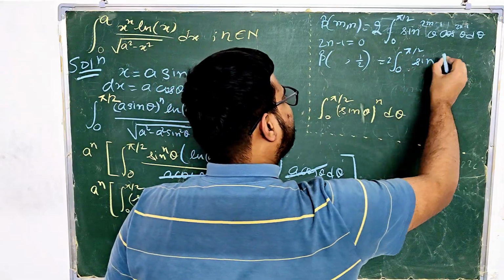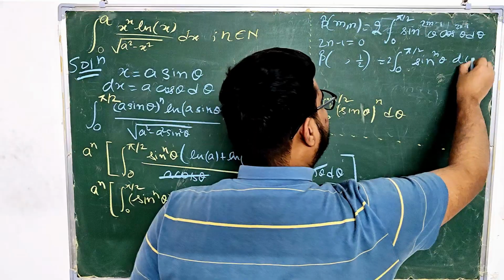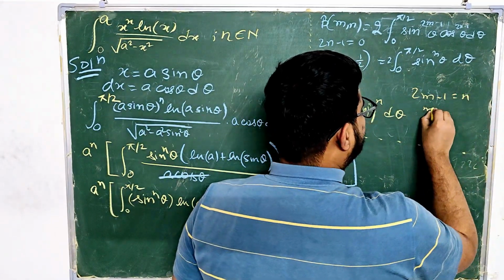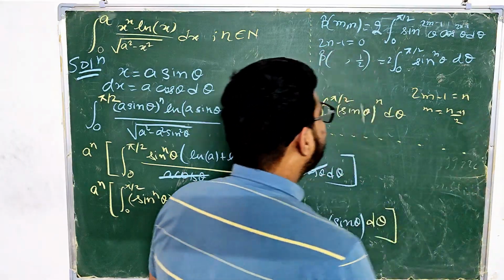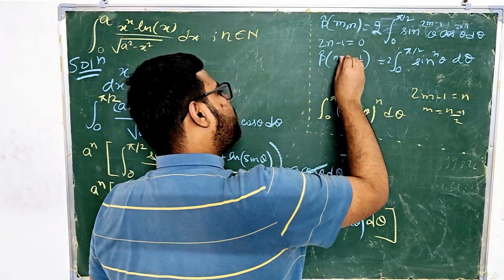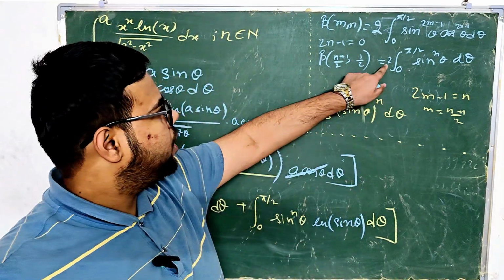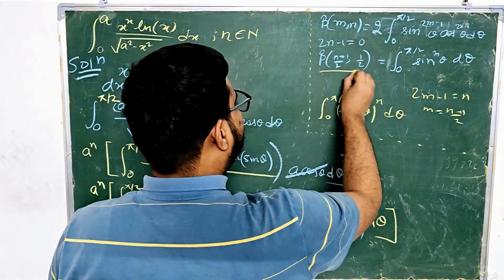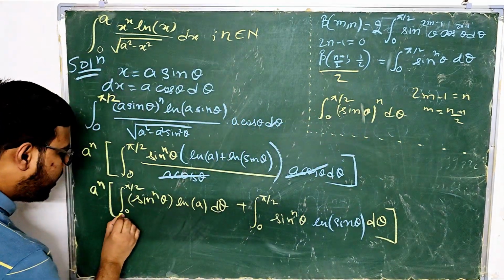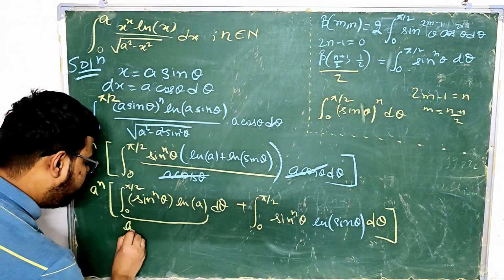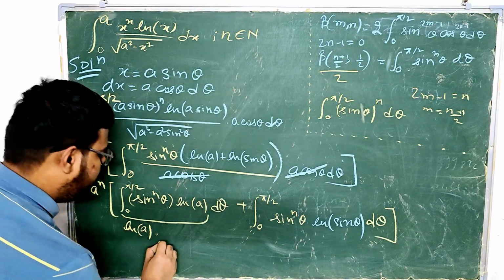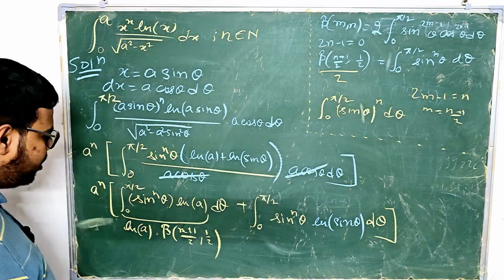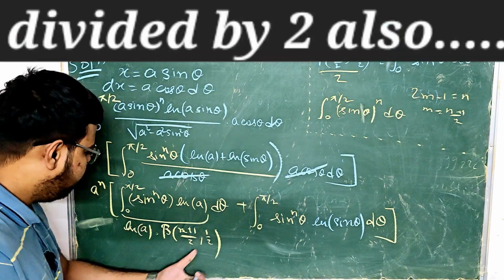You want sine raised to the power n theta d theta, so we want 2m minus 1 equal to n, so m is equal to n plus 1 by 2, correct? Okay, so you have n plus 1 by 2. Notice that you can bring 2 into the denominator, so this is actually equal to natural log of a times the quantity beta of n plus 1 by 2 comma 1 by 2. So this is equal to basically this expression.